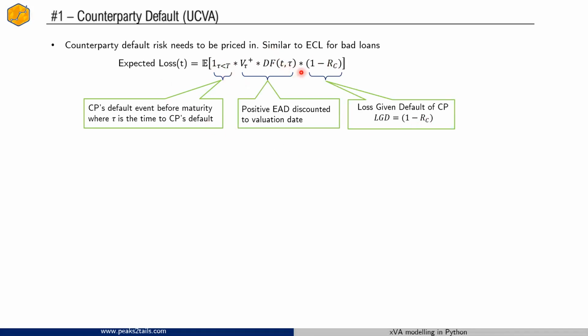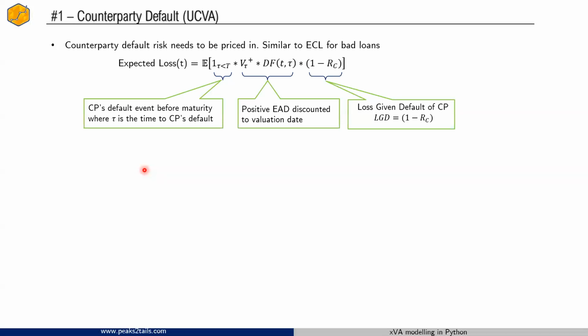All of these are random. Actually, if you see, this is a random variable. This is a random variable. This may or may not be, depending on your assumption. And everybody takes this as constant. It's easy. Take recovery rate as a flat 40% or 50%, whatever. So this thing can come outside.